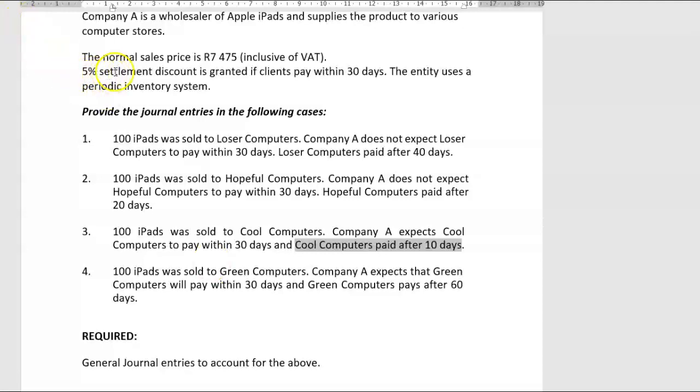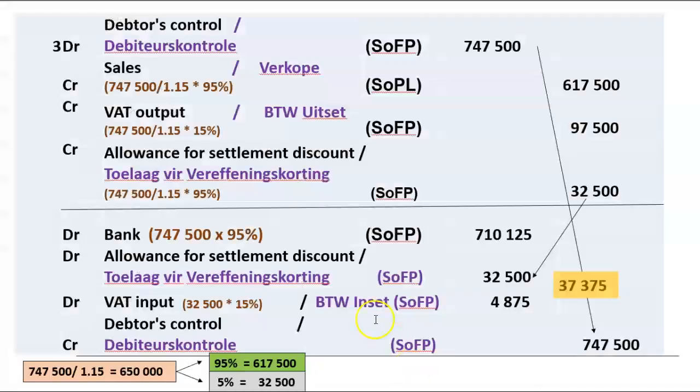They would only have paid me 95% of the outstanding invoice amount. So the outstanding invoice amount was 747,500 multiplied by 95%, and that gives me the amount that I have received, 710,125. How much is lying on the debtors control account which I have to take out of his account?